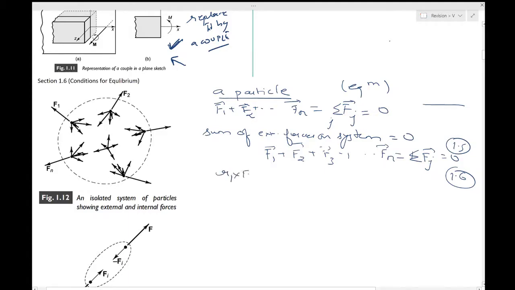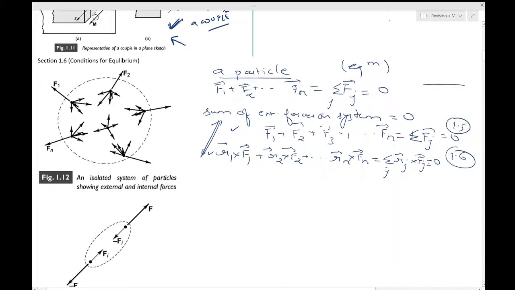Here r_j is the position vector extending from that arbitrary point O to an arbitrary point on the line of action of the external force. So this was 1.4, 1.5 and 1.6. This is essentially the force equilibrium and the moment equilibrium, and both of them have to be true.